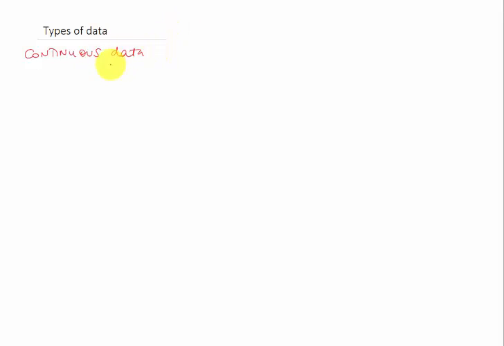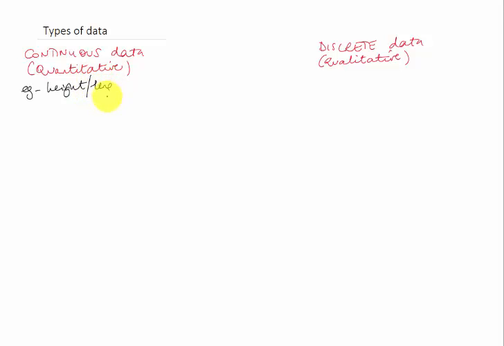or quantitative, and discrete data or qualitative. So let me say what I mean. So this is things like height or length, kind of the same thing, the mass of something, temperature, time.